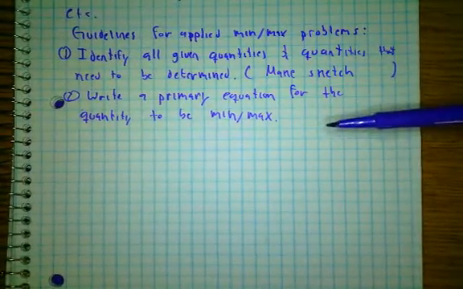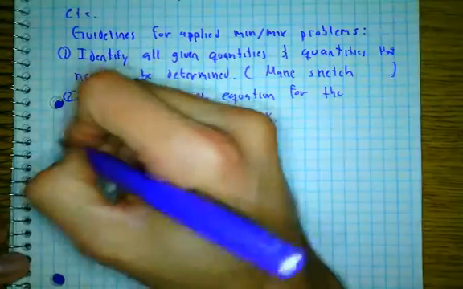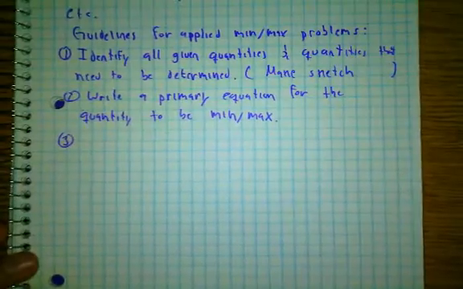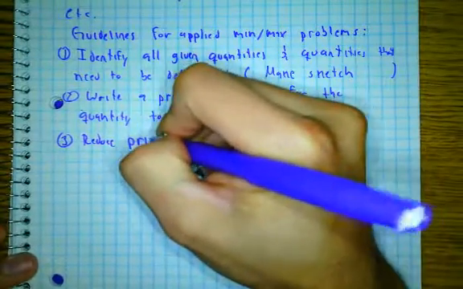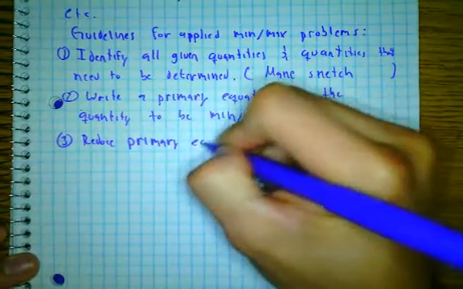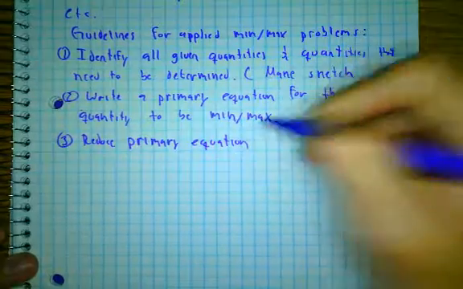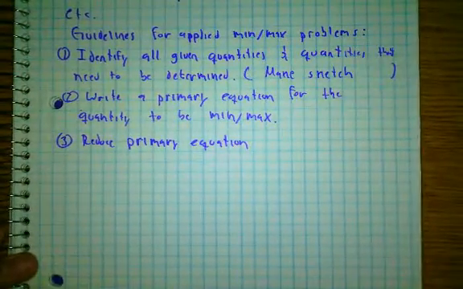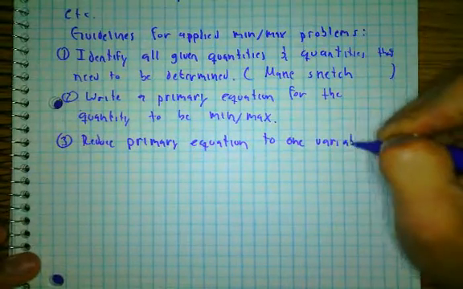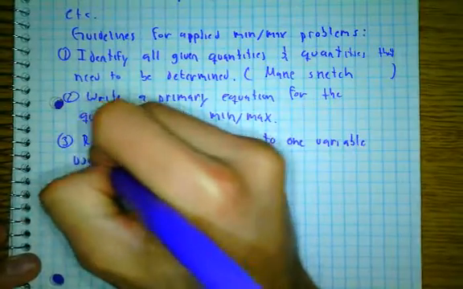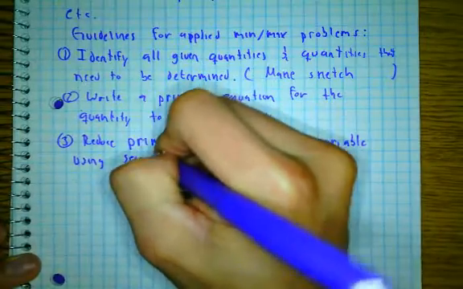Step number 3 would be to reduce the primary equation to one variable using a secondary equation.